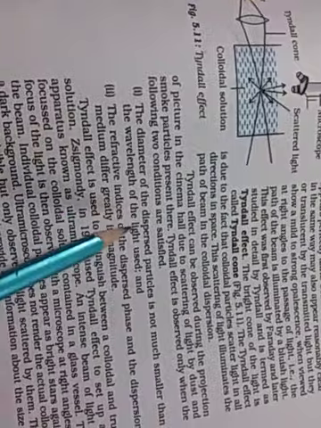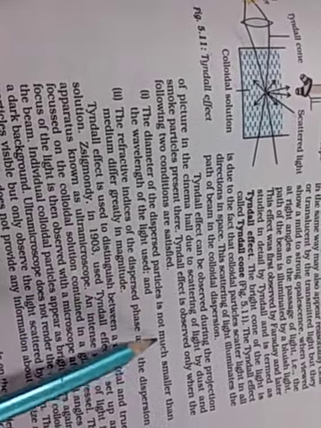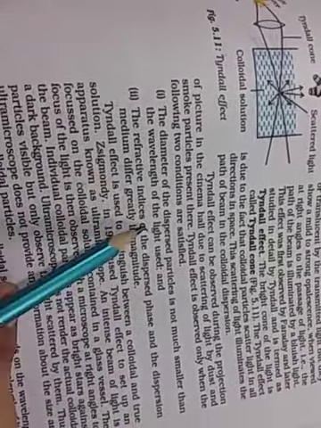First, the diameter of the dispersed phase is not much smaller than the wavelength of the light used.